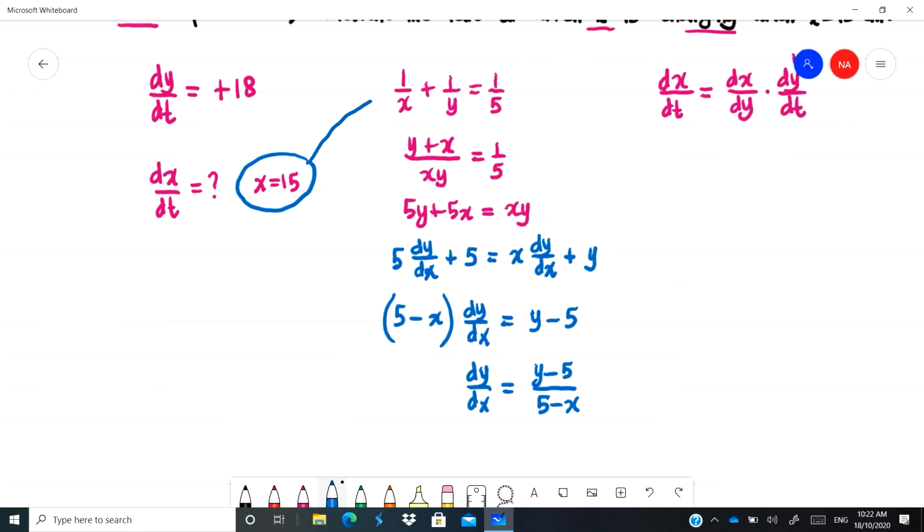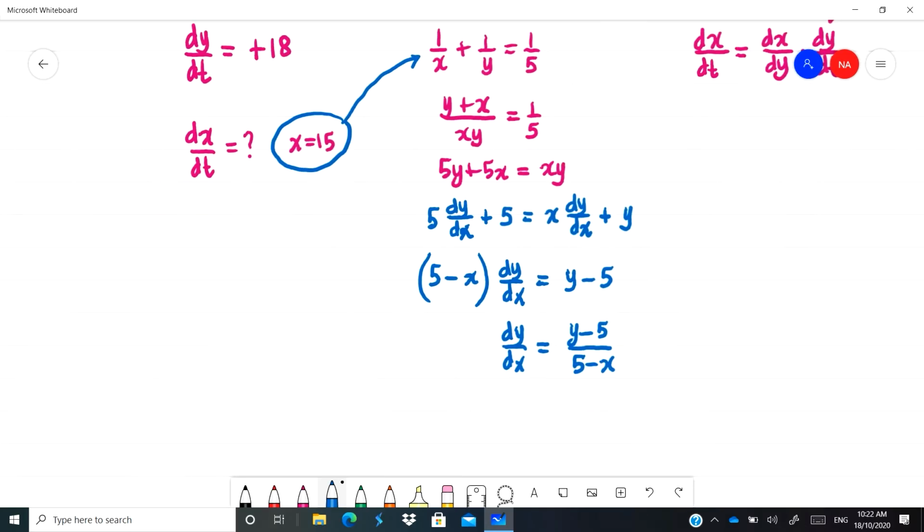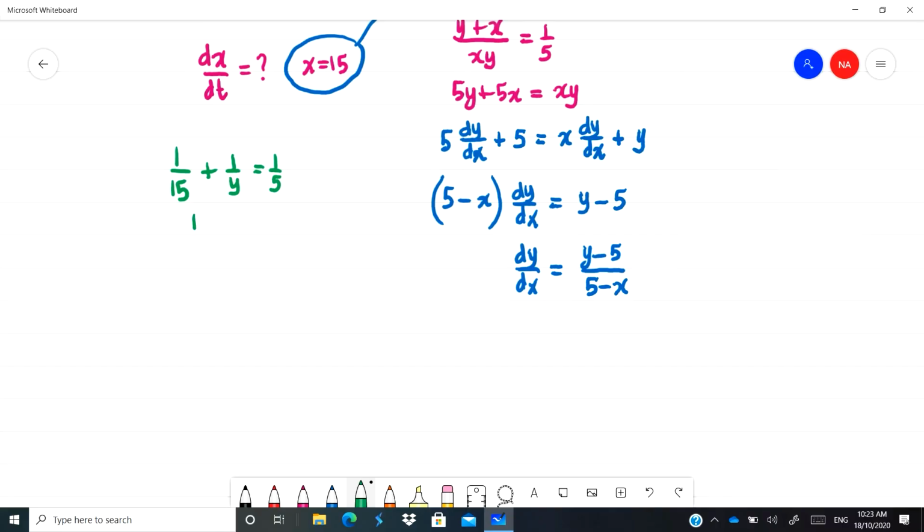So substituting into this formula, I'm going to use green color. So 1 over 15 plus 1 over y equal to 1 over 5. I want to find the value of y. So 1 over 5 minus 1 over 15. Pressing our calculator, we get 2 over 15.